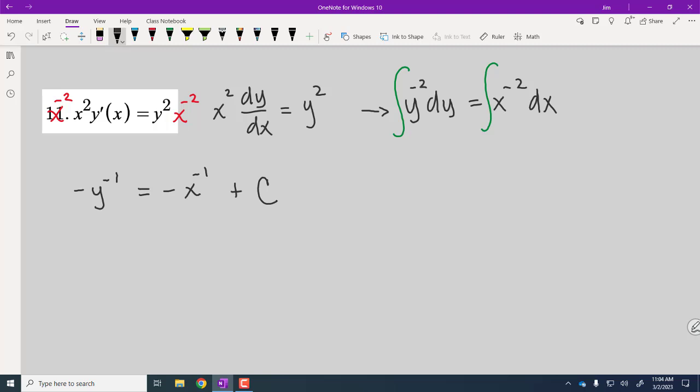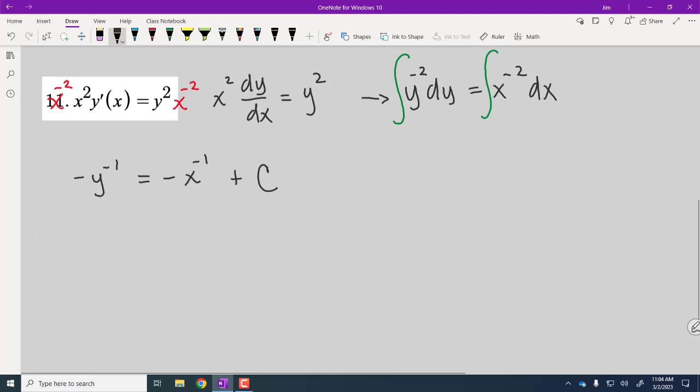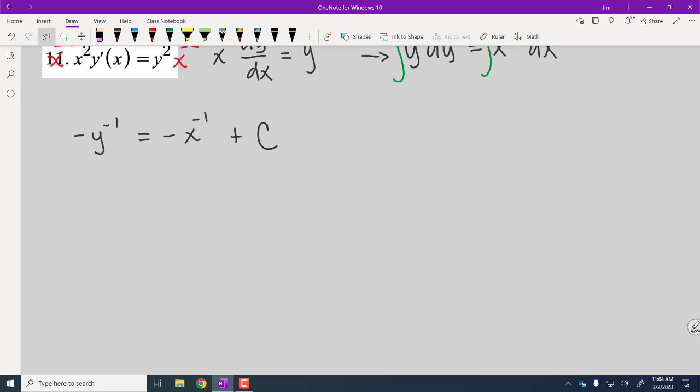All right, now that looks terrible. We want a function, ideally, that we can say is y equal to. We did not solve for y here. Ideally, we can solve for y. So let's see if we can solve for y. That's our strategy, because the whole idea with the differential equation is to find the function that satisfies the differential equation.